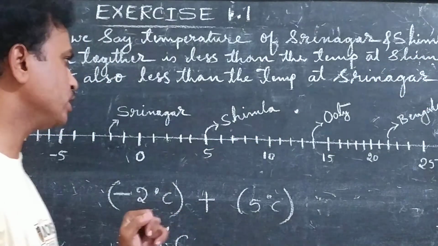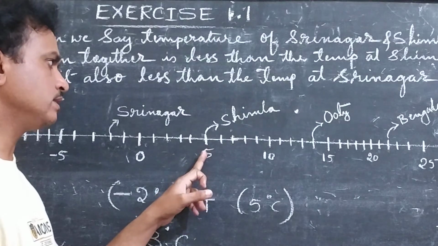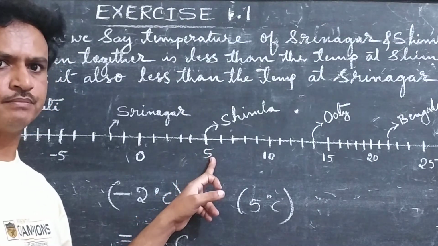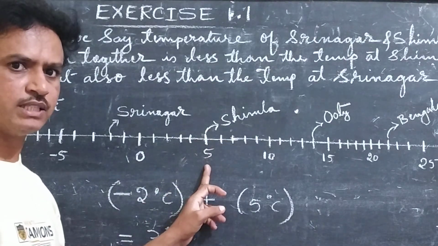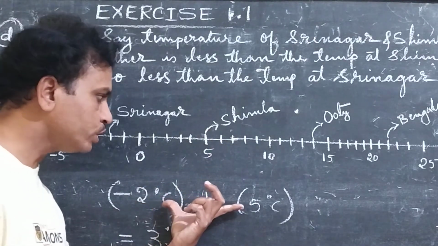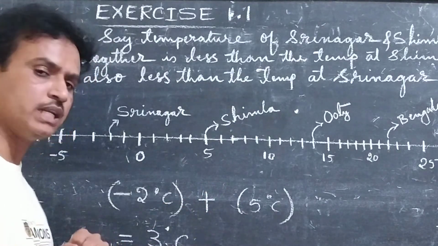Is it less than the temperature of Simla? The temperature of Simla is 5 degrees Celsius. When we add both places' temperatures, we got 3 degrees Celsius.